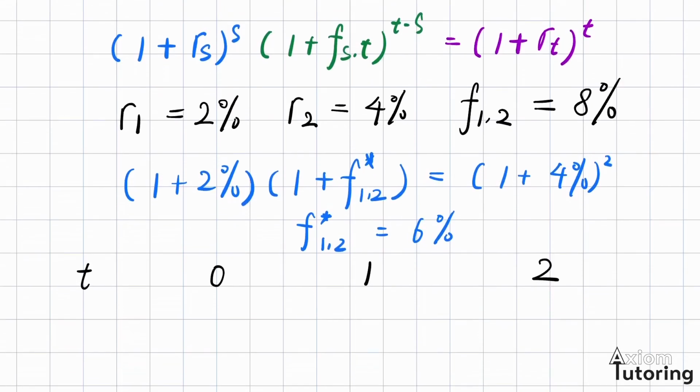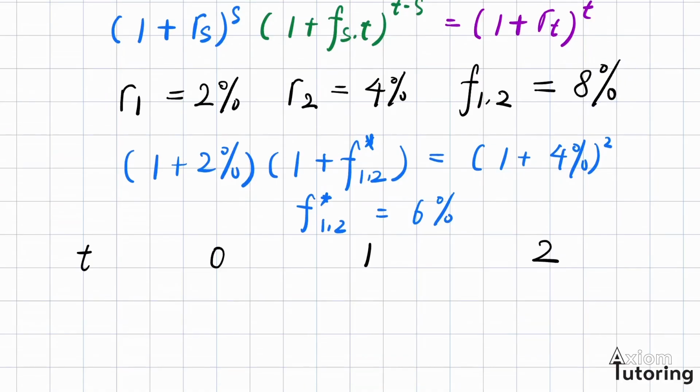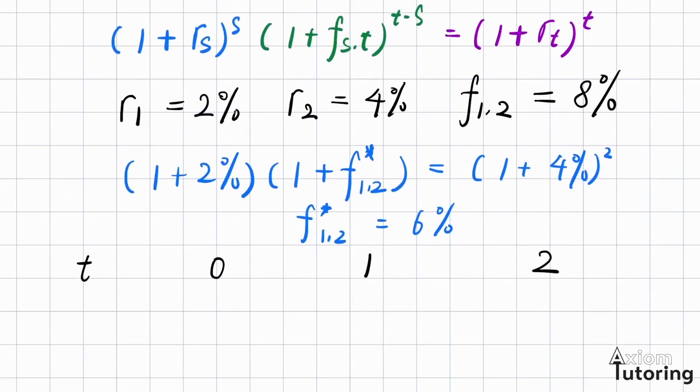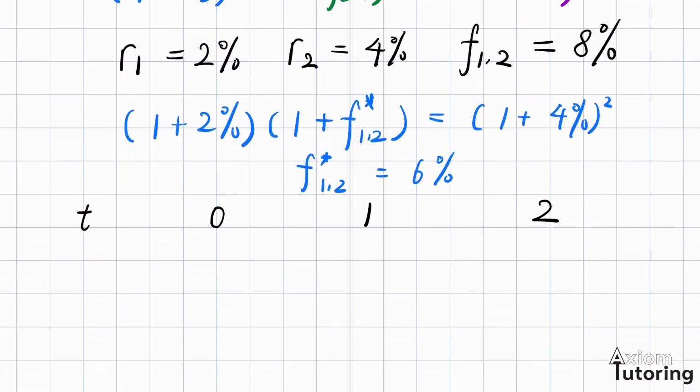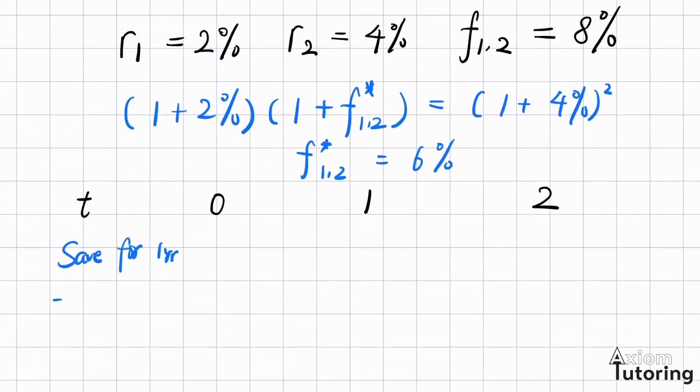Let's translate these into actual operations. To do the left-hand side, we will save for 1 year, and then also enter the forward contract by committing to save in 1 year's time at 8%, which is provided here.